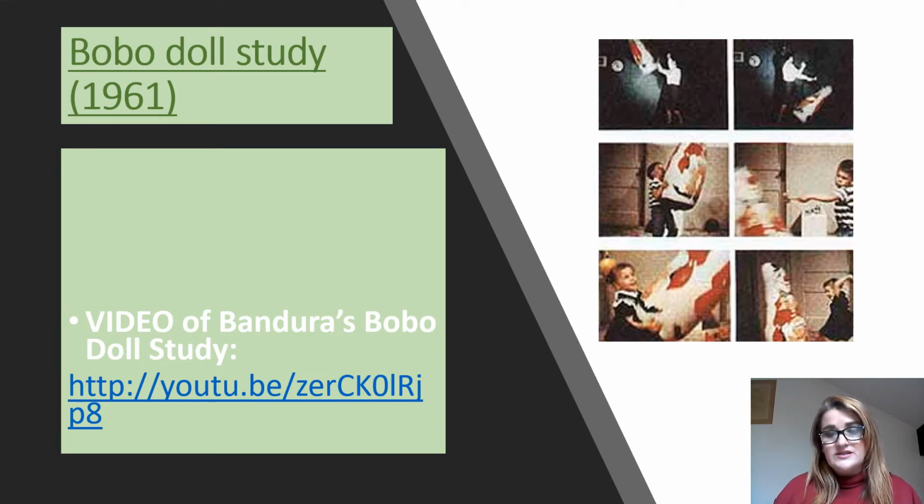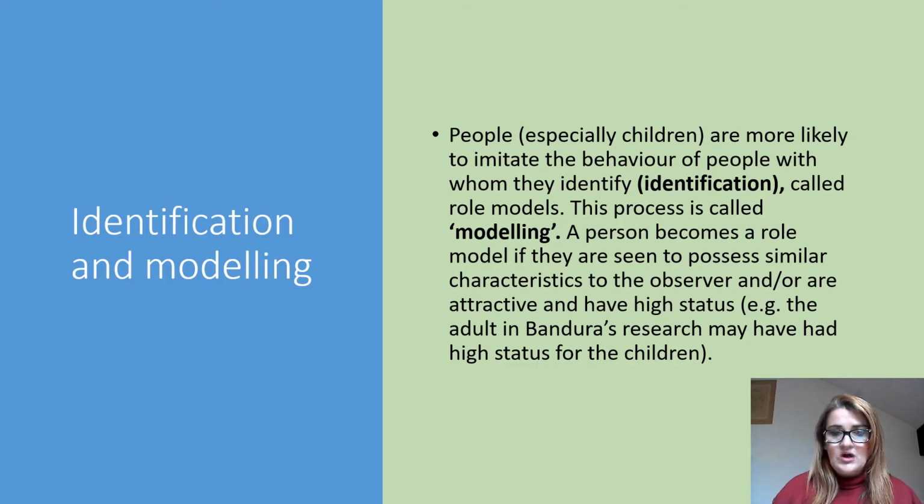Now you might think, well, there's the internet now, etc. Yes, there is, and there are controls in place for that, but it really does show how children do imitate others.